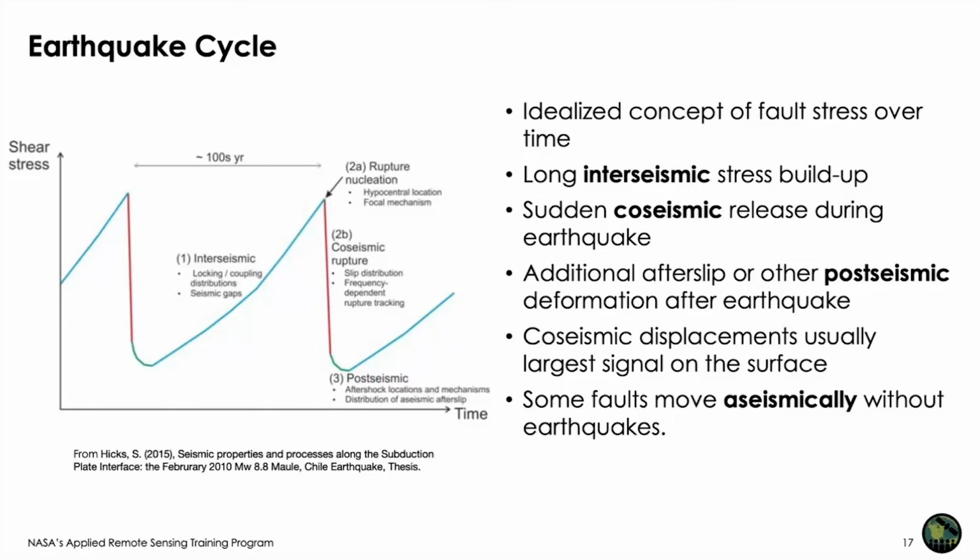Then there's what we call postseismic deformation, which is additional deformation that happens after an earthquake and typically is over within a few years, but some of the postseismic effects can last decades. And then there are also some faults that don't follow the earthquake cycle, and they move aseismically, or slip without earthquakes.